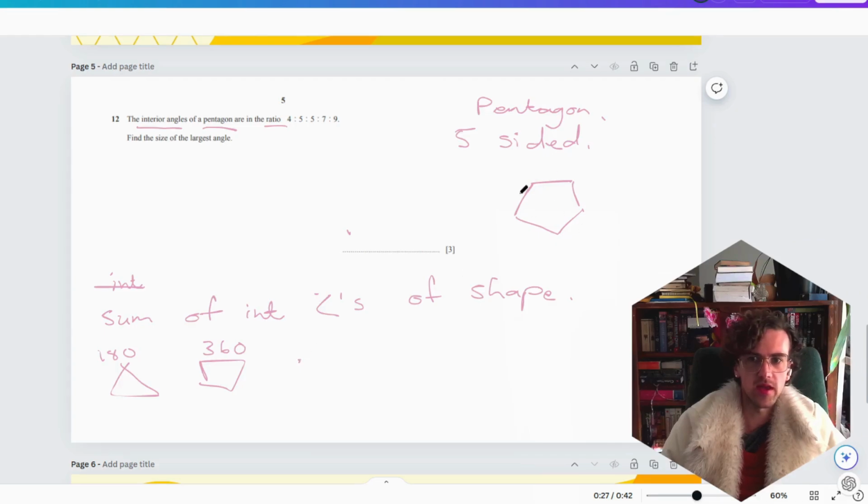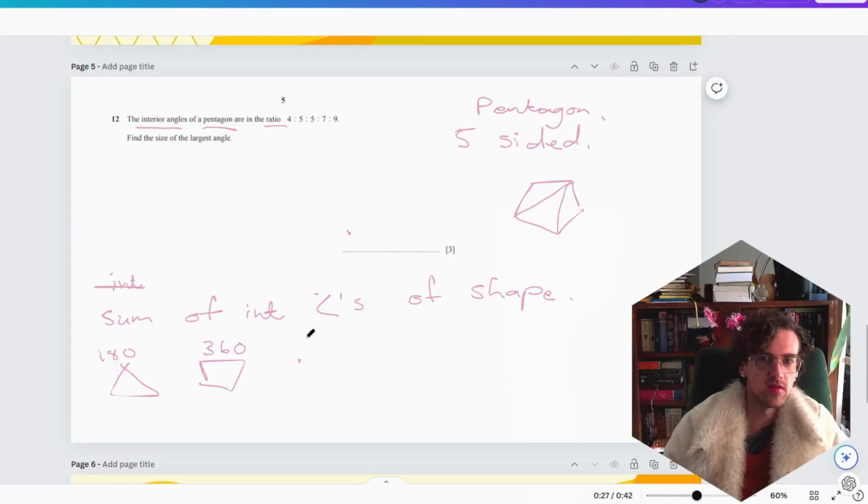Well, pentagon is next. So how we can do it is we can see, okay, how many triangles can fit in here? We know that a triangle has 180 degrees. So we can fit 3 triangles. So that's 3 times 180 is a pentagon.